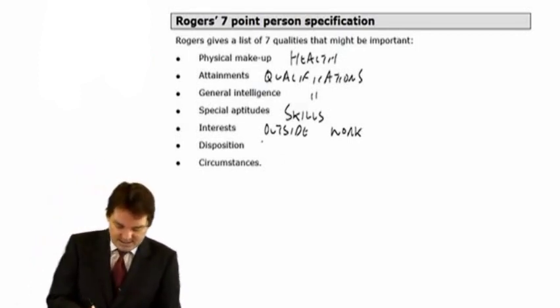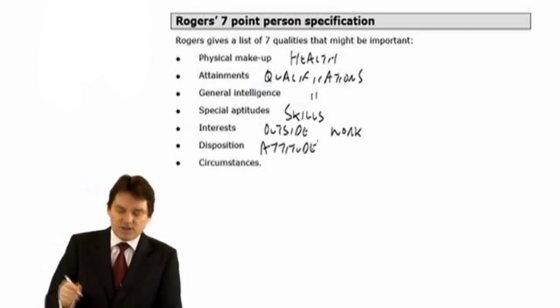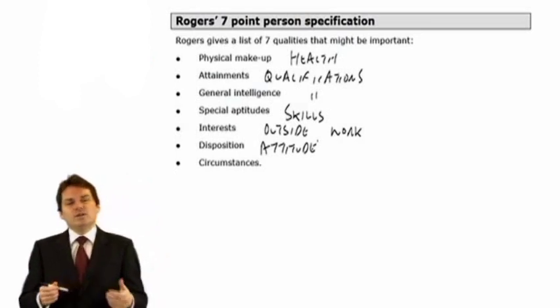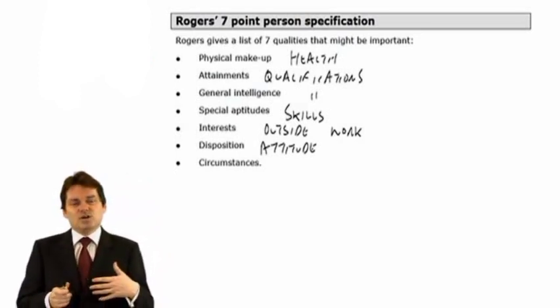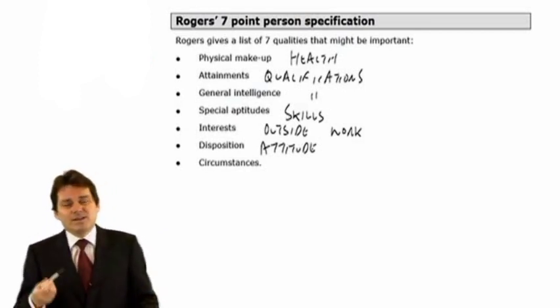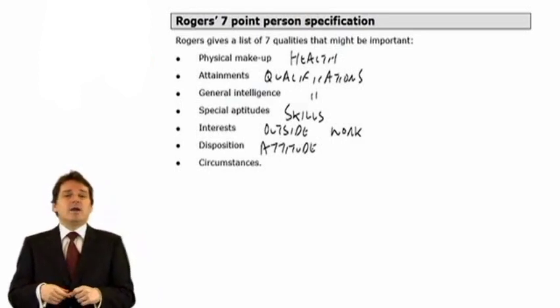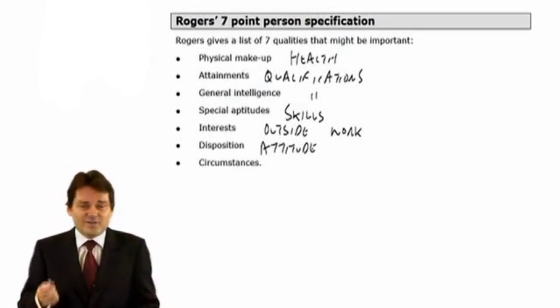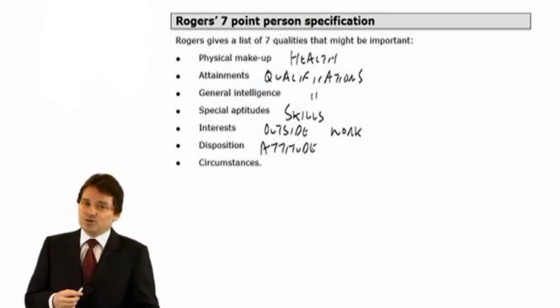Disposition is things like your attitude. Now, one of the things that you have to think about, if you wanted to recruit somebody to be a lecturer, is that they have to be able to stand up in front of groups of people and talk to them. Throughout my career as a lecturer, I've spoken to some very small groups of students.